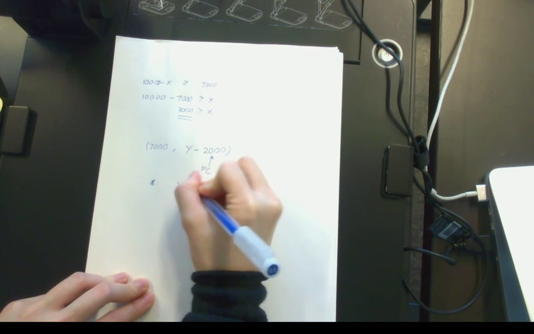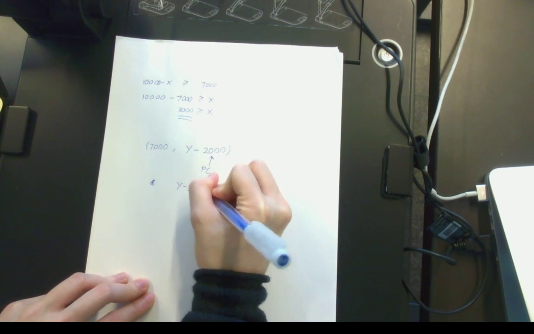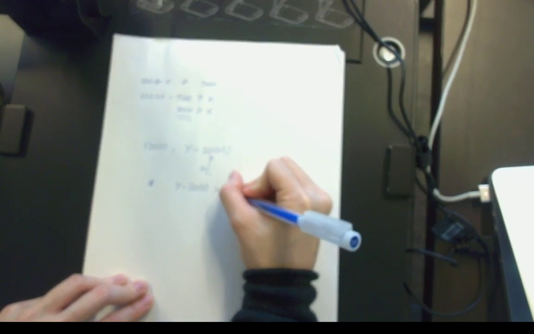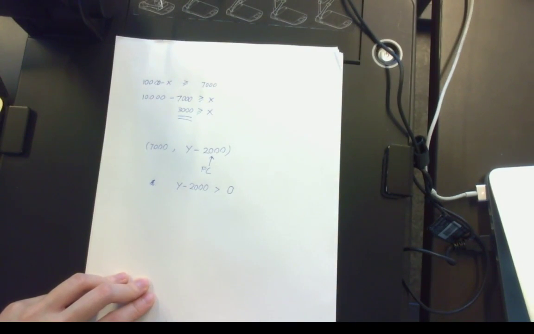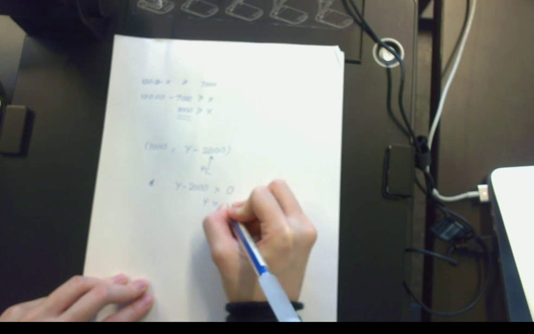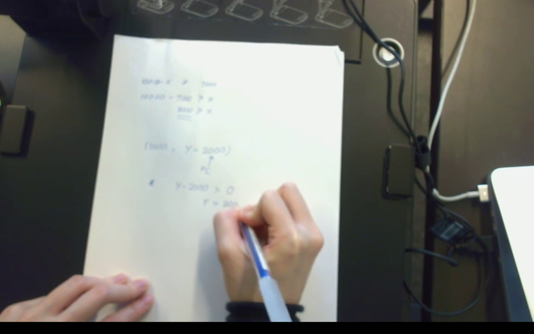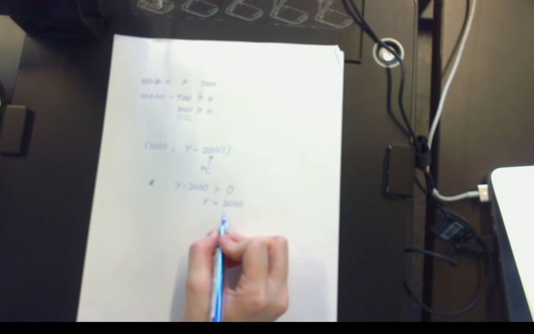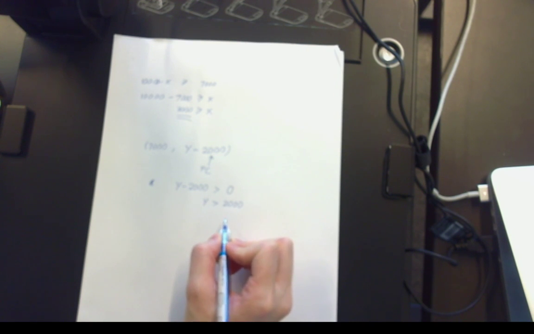We compare the profit of entering with the profit of not entering, which is 0. Simple. You just need y to be larger than $2,000. So PlayStation would want to make at least $2,000. Well, not at least, it has to be greater than $2,000 to have the incentive to enter the market.